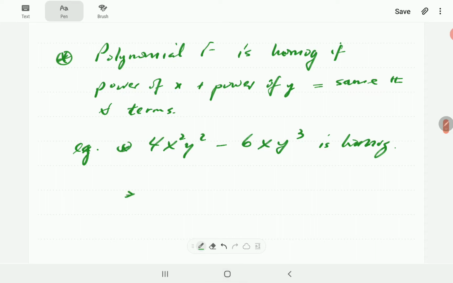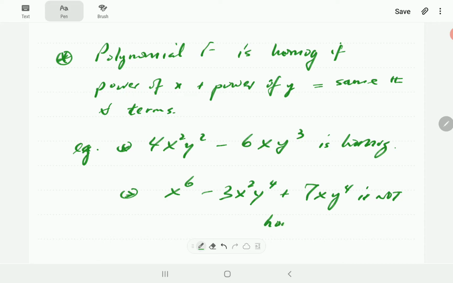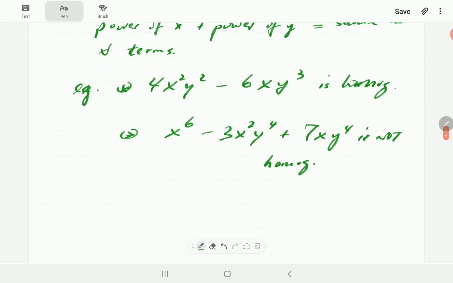However, x to the power 6 minus 3x squared y to the power 4 plus 7xy to the power 4 is not going to be homogeneous, because for the first term the sum of the powers is 6, and the sum of the powers is 6 here, but the sum of the powers is 5 here. So this one is not homogeneous. All right, so that's going to be useful going forward.